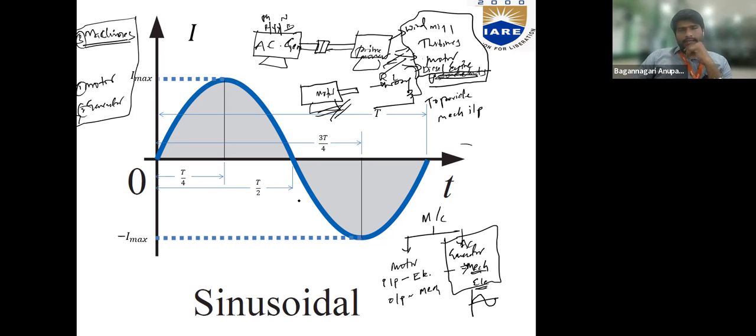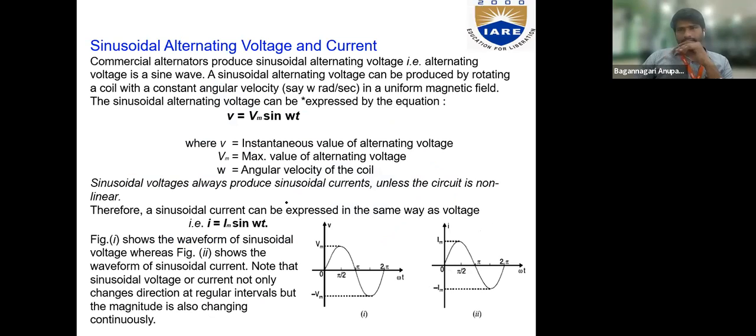I will explain how you generate the sinusoidal, but what's the need for using the sinusoidal? Why only sinusoidal? The sinusoidal waveform can be expressed in general with this expression. We use small v and small i for representing instantaneous values.